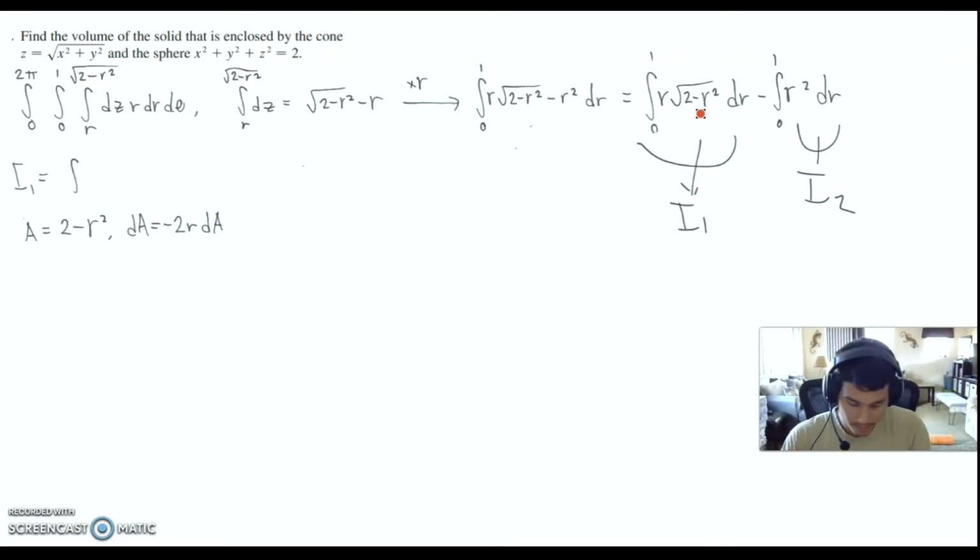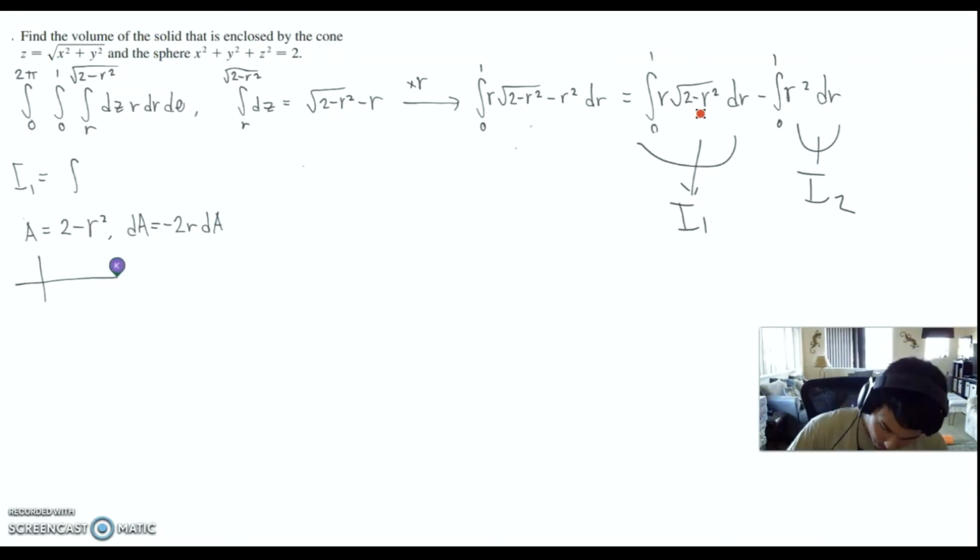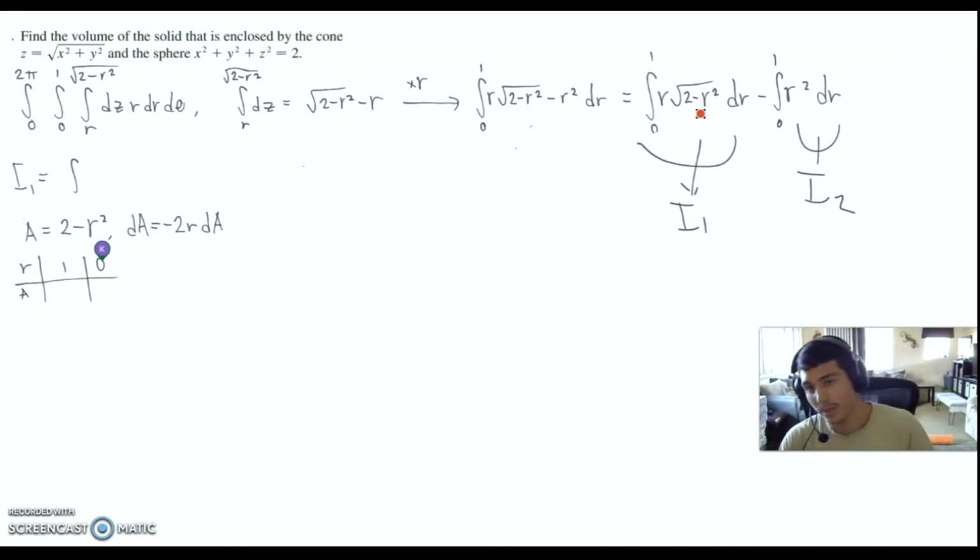And then if we're converting from r into a, let's make a table that helps us with it. So we have our bounds for r is 1 and 0. If we put 1 into a, so a of 1 would be 2 minus 1, which is 1. And if we put 0 into a, so a of 0 would be 2 minus 0, which is 2.